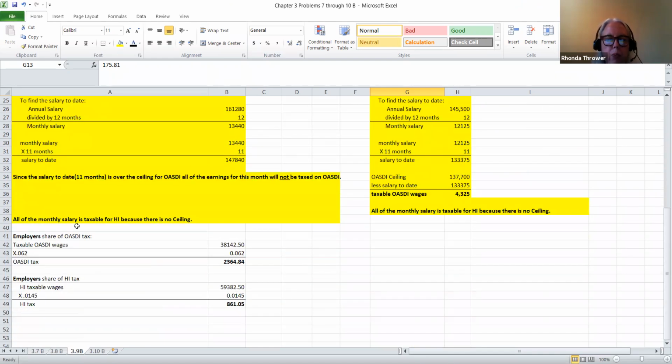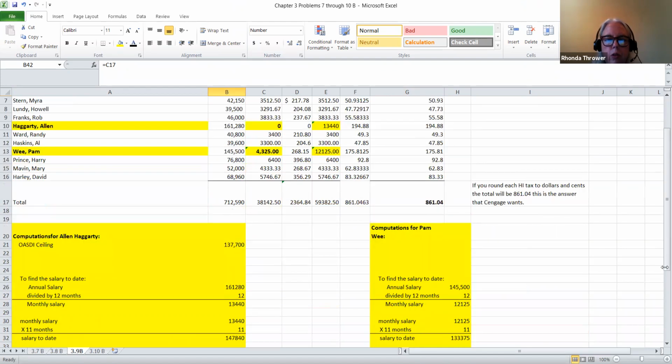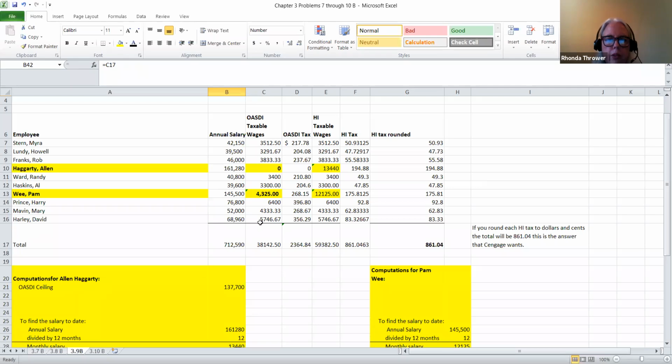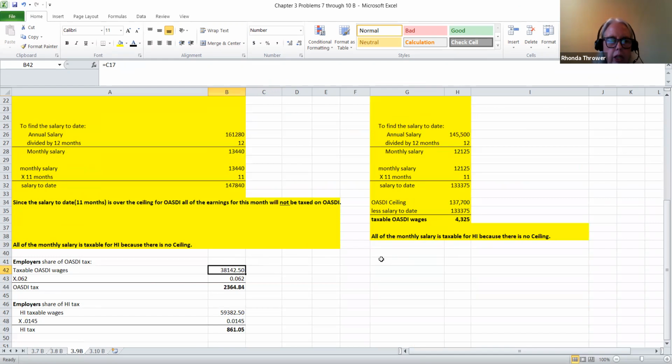Now, in the last part of this problem, they want you to calculate the employer's share of OASDI taxes. So what you would have to do is determine the taxable OASDI wages, which would be found by totaling up this column here. So $38,142.50 is the amount I'm getting here.